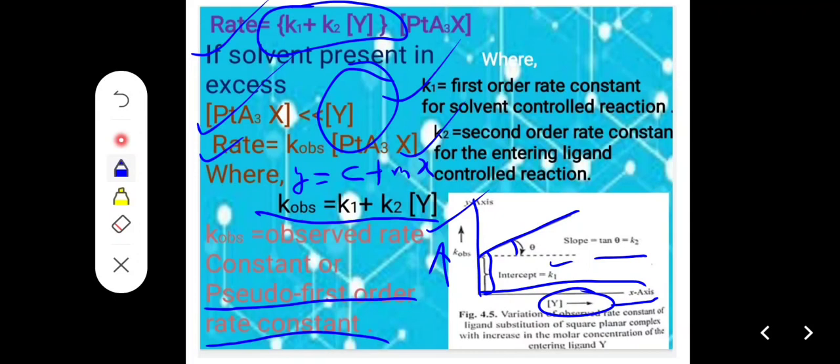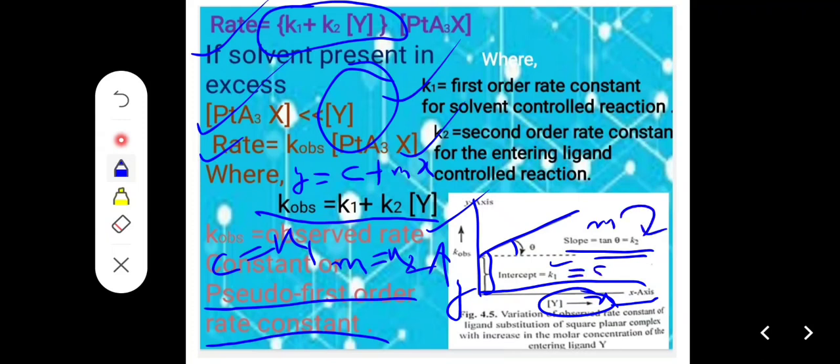So if [Y] is x and k observation is y, we can say m equals k2 and c equals k1. So the slope is m equals k2, and k1 should be the intercept c.